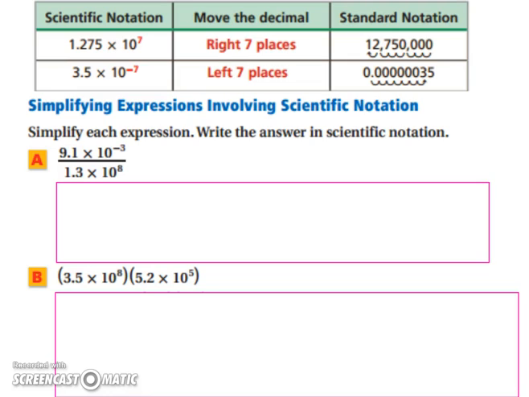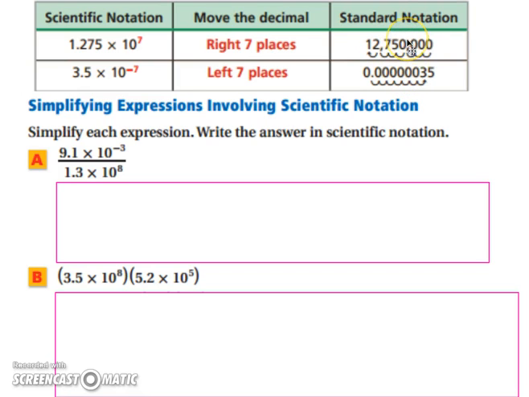Alright, let's take a look at scientific notation and standard notation. So say you had 1.275 times 10 to the 7th. To put this in standard notation, you would have to move the decimal to the right 7 places, leaving you with 12,750,000.